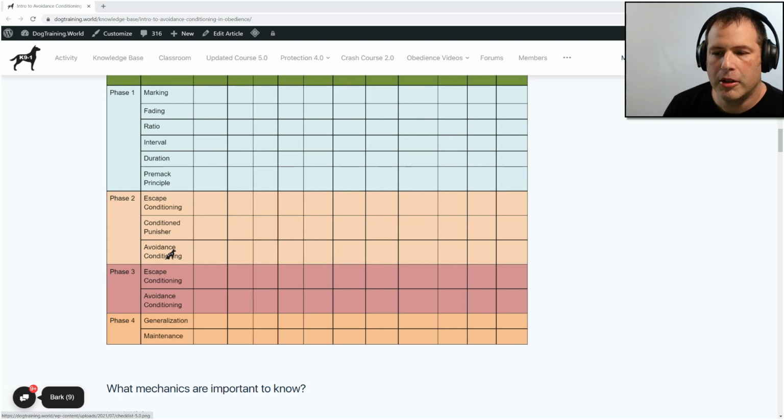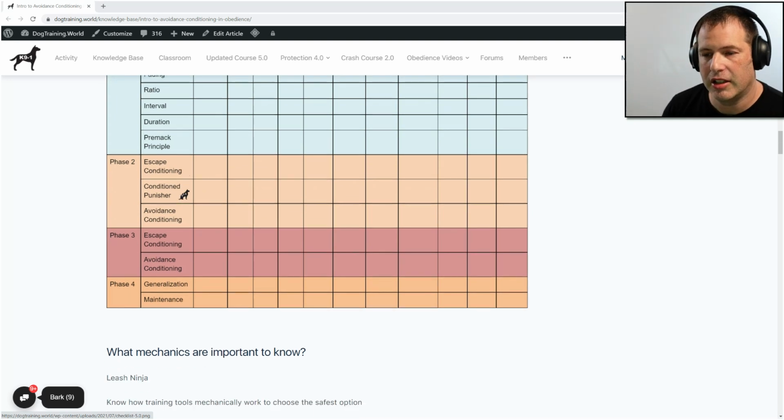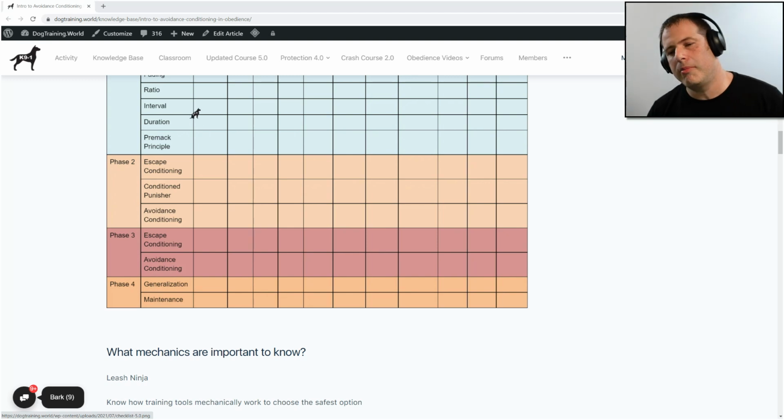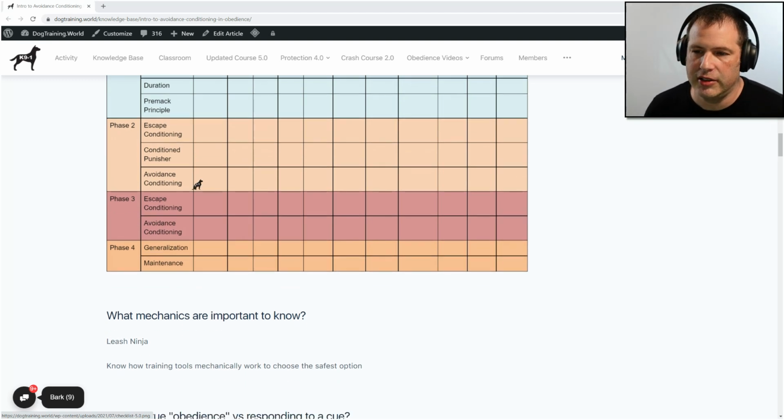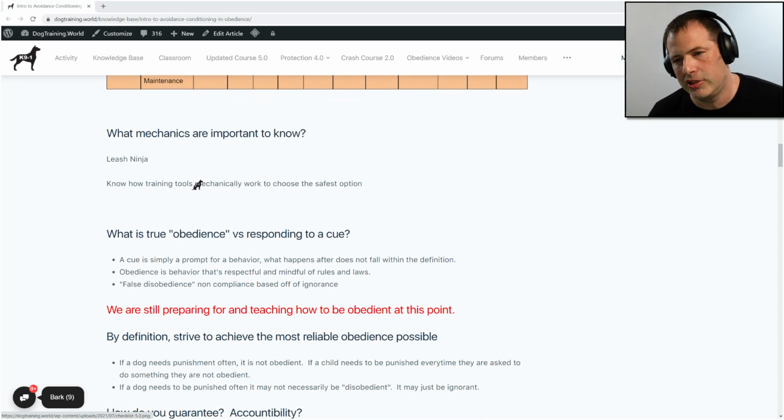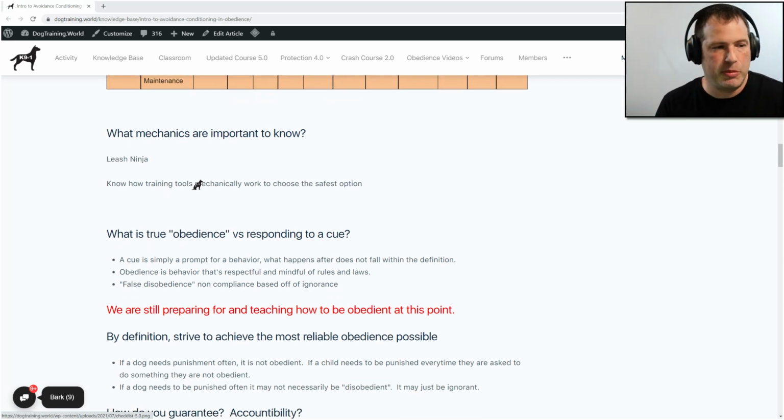It happens, but there is a high likelihood of side effects, where you can be very transparent and avoid all major side effects by doing things in the right order, right? When dog training gets ugly, it's because of skipped steps, basically, all right? So what are the mechanics that are going to be important to know here, right?